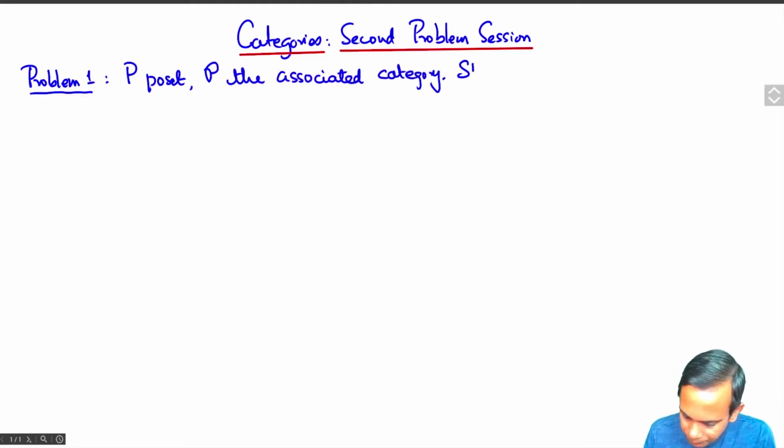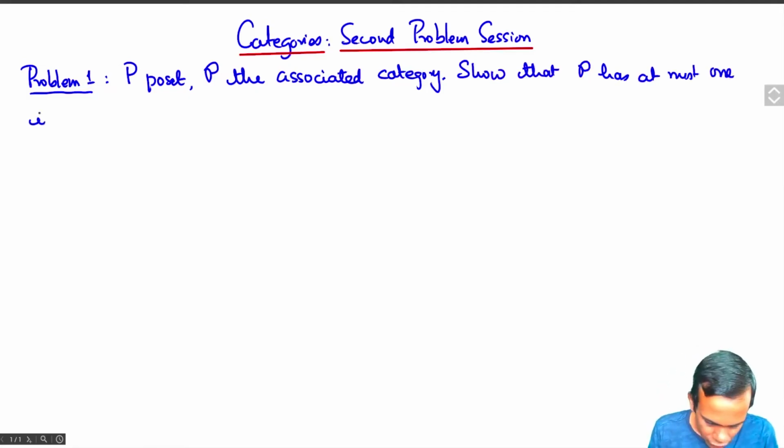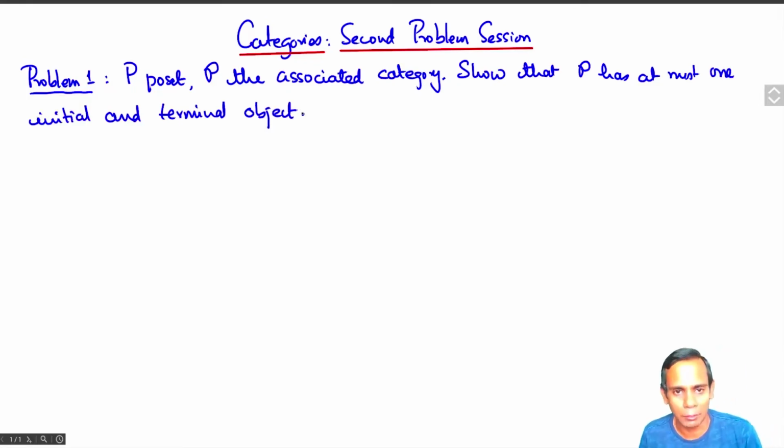Then show that the category script P has at most one initial and terminal object. At most one initial object and at most one terminal object.